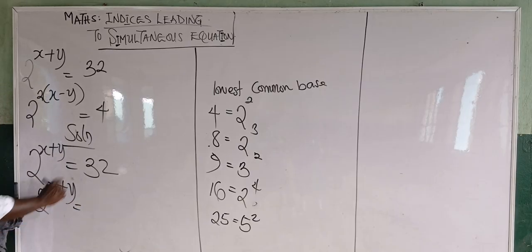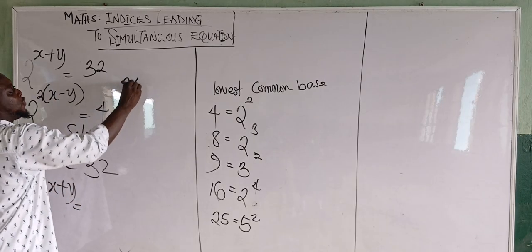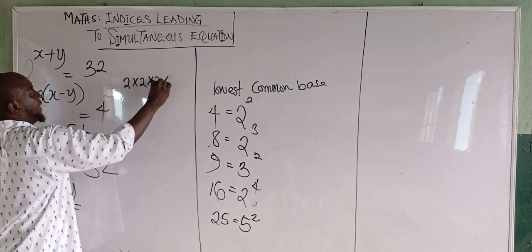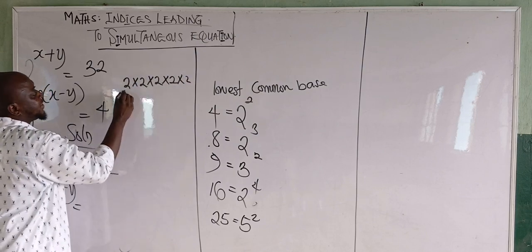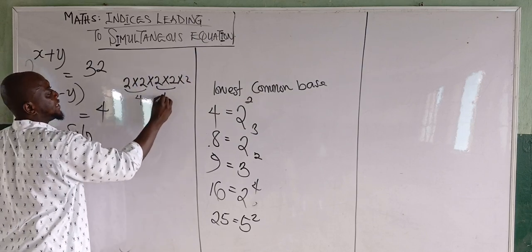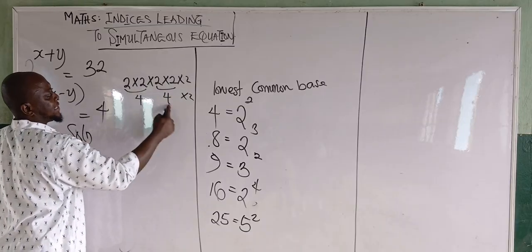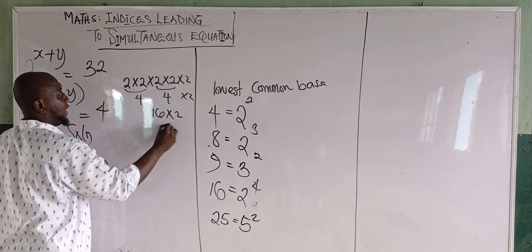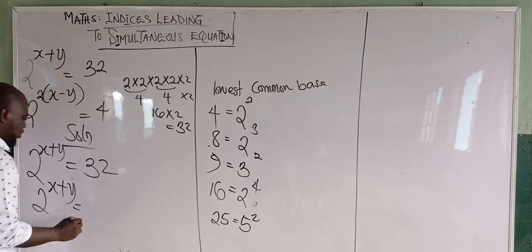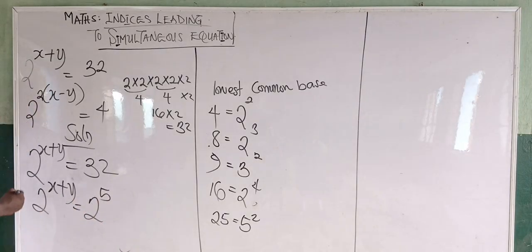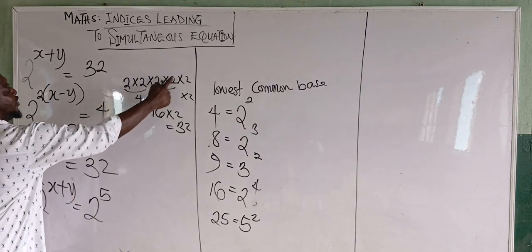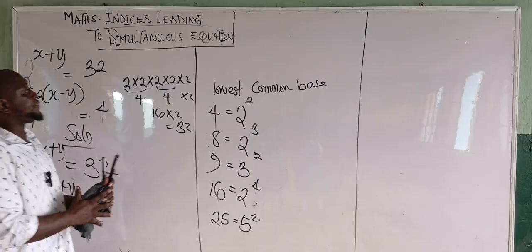This 2, if you multiply 2 in 5 places, we get 32: 2, 4, 8, 16, 32. Everything here gives me 32. So here it becomes 2 raised to the power of 5. 1, 2, 3, 4, 5 gives me 32.